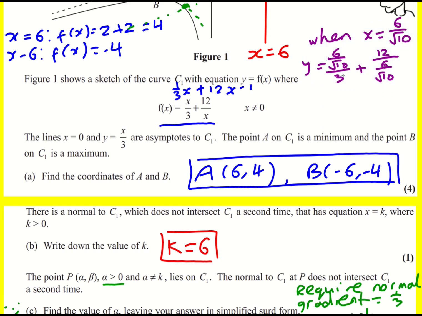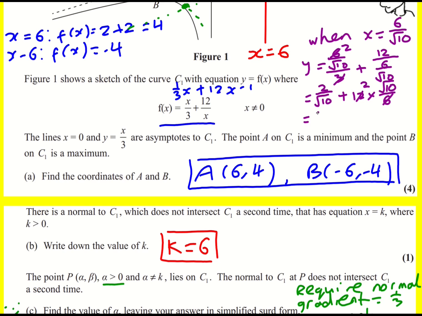So I can actually divide the 6. This is the same as times by 1 over 3, so this just becomes 2 over root 10. And over here, it's the same as doing 12 times root 10 over 6, which becomes 2 root 10.